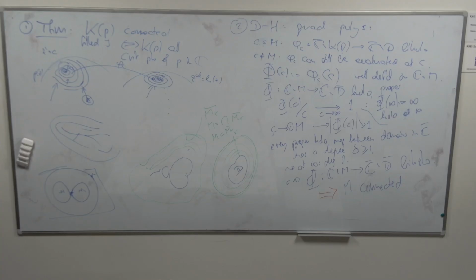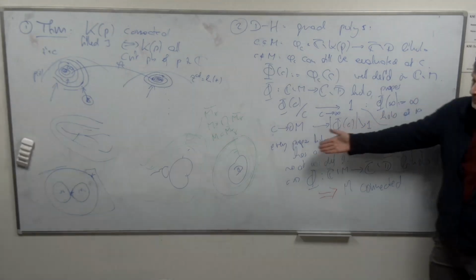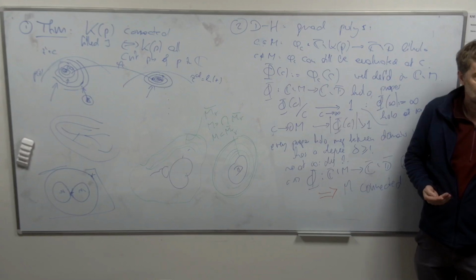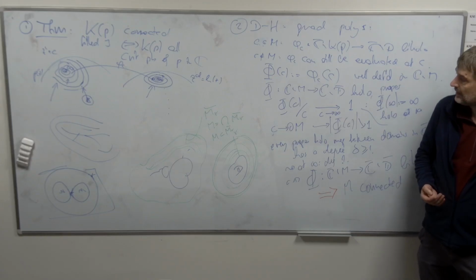You just said that to show connectivity it's enough to look at the image of this phi. Yeah. This argument with this circle doesn't give us anything new. What do you mean, it doesn't give us anything new? It proves that the Mandelbrot set is connected. Well, I give you two.